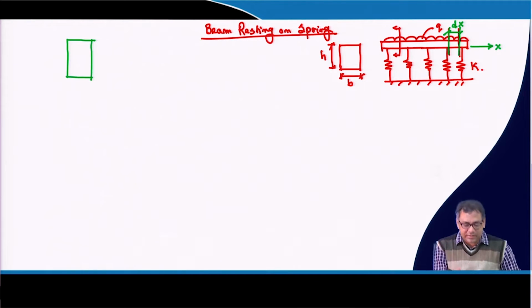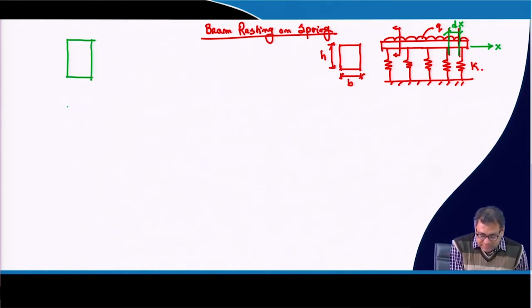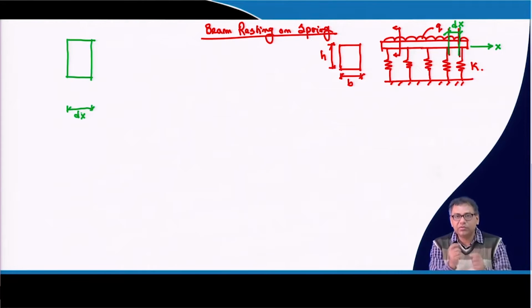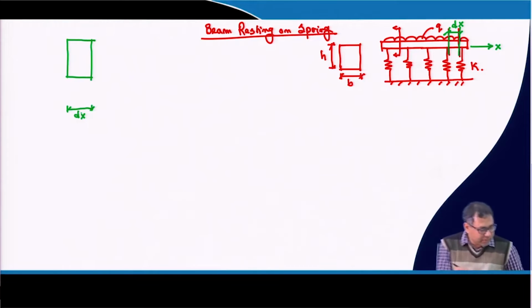The UDL q is acting over there, so the total load acting on the top surface of the beam due to this UDL will be q into dx. That is the UDL which is acting.